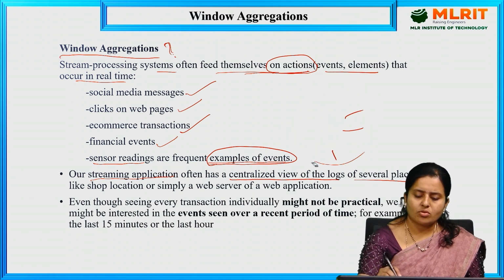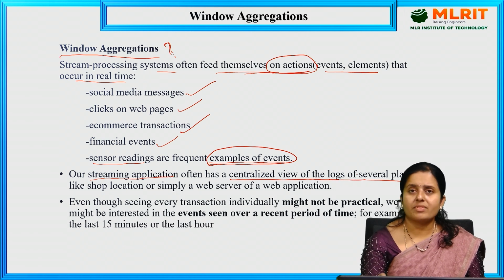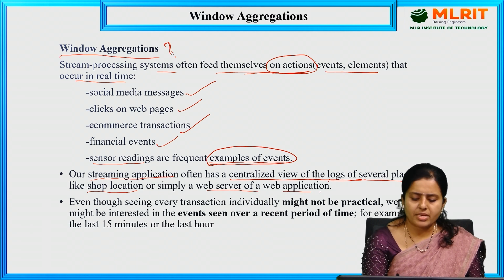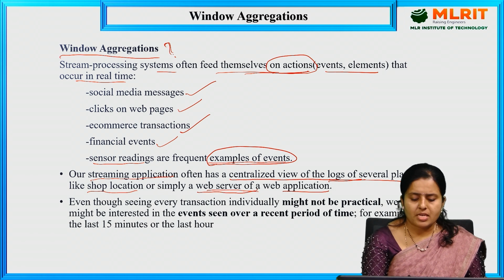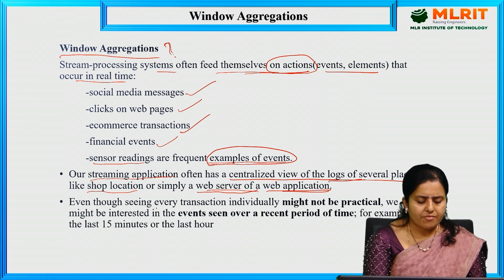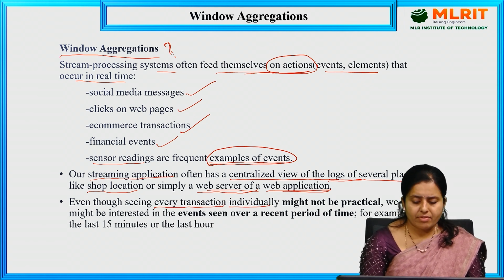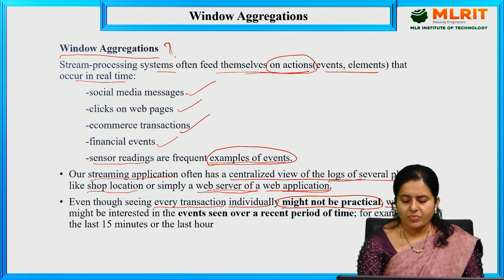Each and every system generates a number of events, and those are nothing but logs, like a shop location or a web service of a web application, or events generated from web servers of any internet-related web application. Seeing every transaction individually might not be practical.